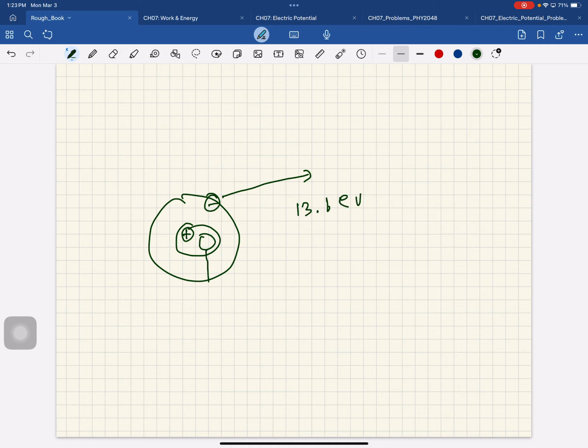Can I pull this guy out? Yes, of course. In physics, you can pull everything apart. You'll need about 2 million electron volts, 1,000,000 times more energy. That's why nuclear energy is so much more valuable. You can mess around with electrons with chump change, but to mess with the nucleus, you need this kind of energy.